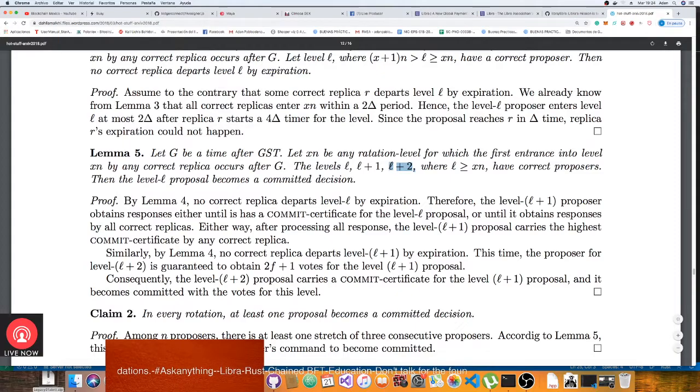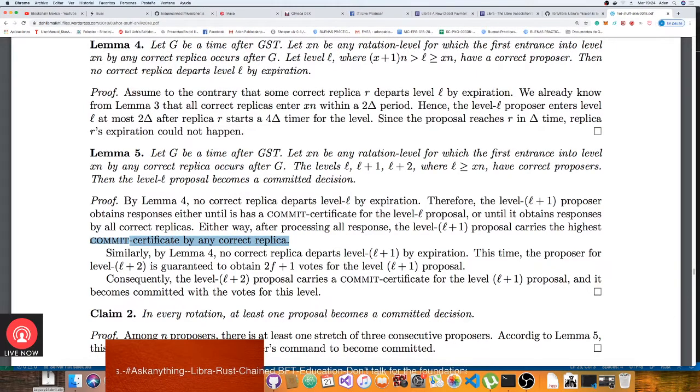Before the level L plus 1 proposer obtains responses, either until it has a commit certificate for the level L proposal, or until it obtains responses from all correct replicas. Either way, after proposing, the level L plus 1 proposal carries the highest commit certificate of any correct replica. So it's a very complex proof.